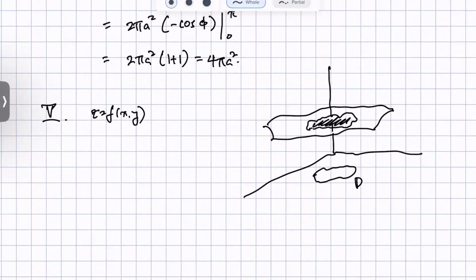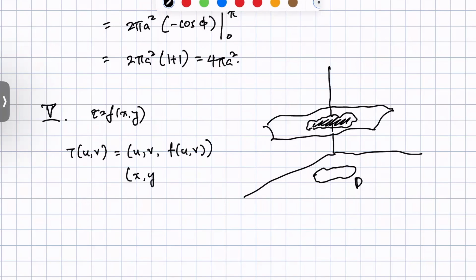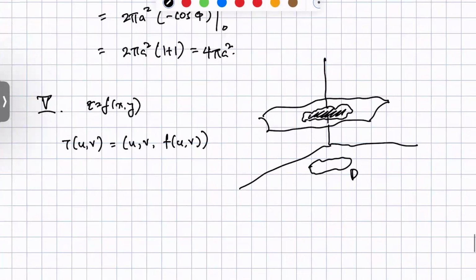So in this case, the x value is just u, and the y value is just v. So the parametrization is T of u, v equals u, v, and then f of u, v. I mean, you can write x, y, f of x, y. That's also okay, but I like to use u's and v's. So that's the parametrization. And so what is T_u? It's 1, 0, f sub u. T_v is 0, 1, f sub v.